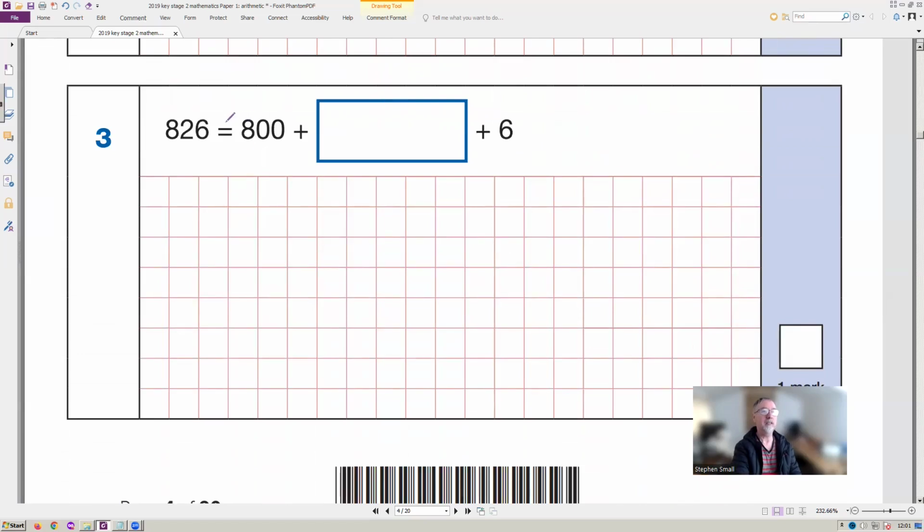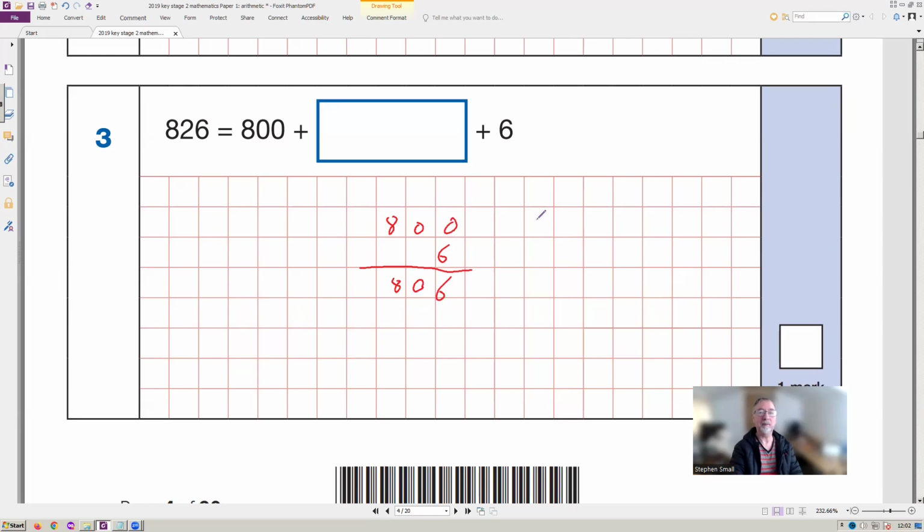Okay, this one's an interesting one. I can see straight away it's 826 equals 800 plus something and 6. Well, it's 826, but I'm going to do it quite formally, as I said before. So first I'm going to do the 800, and I'm going to add the 6 to it. I know the answer is 20, but never mind. 6 and 0 and 806.